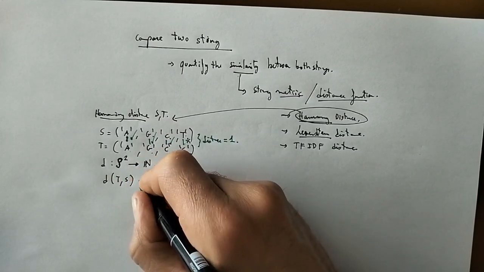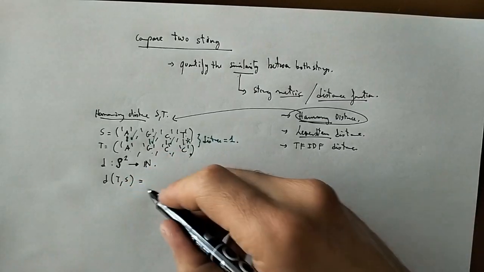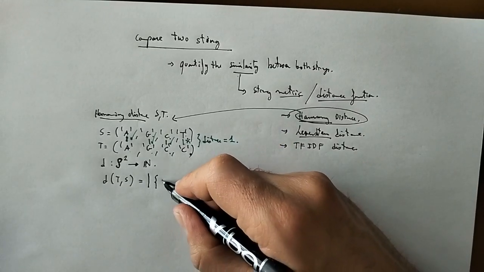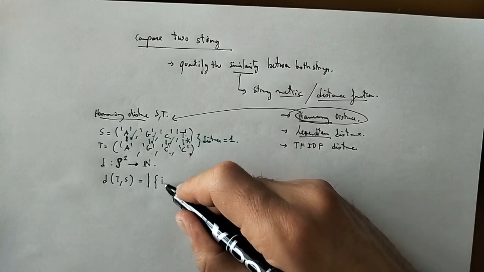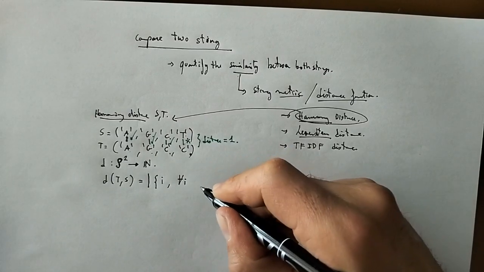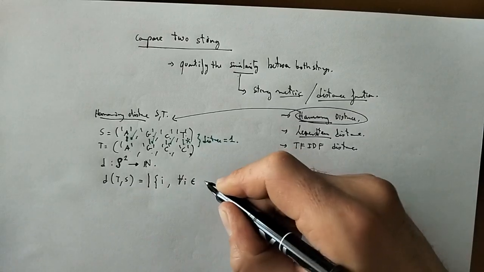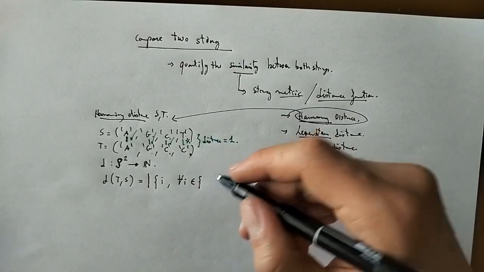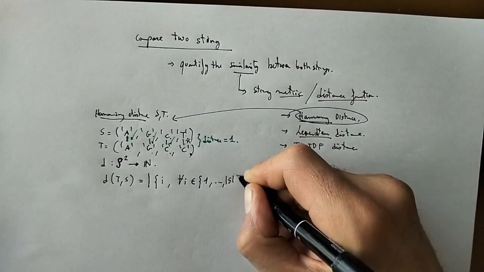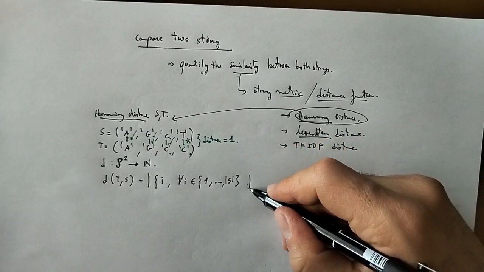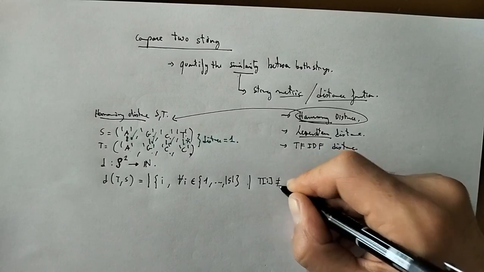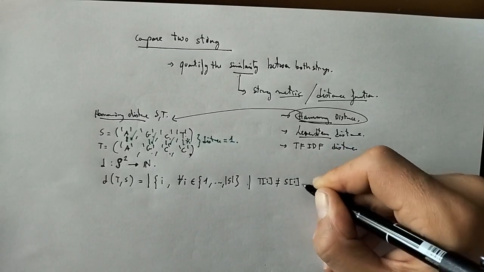So we give the two sequences, and we are going to create a set with the positions i, such that for all i belonging to the set of natural numbers between 1 until the size of S, such that T_i is different from S_i.